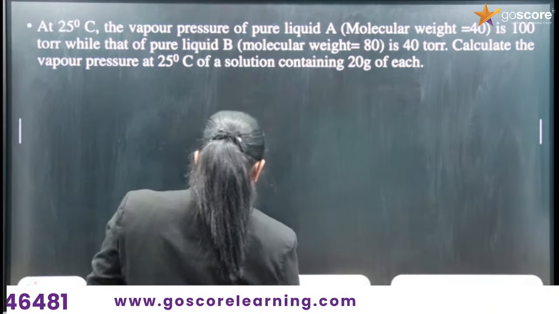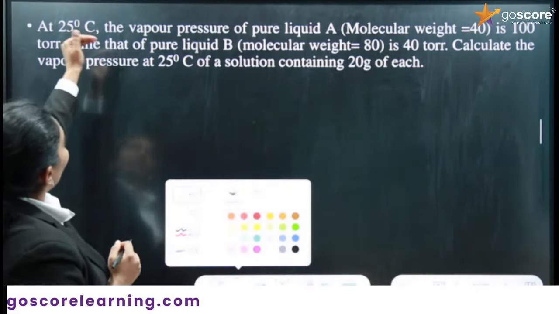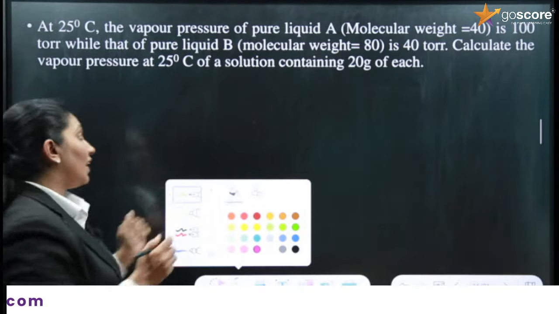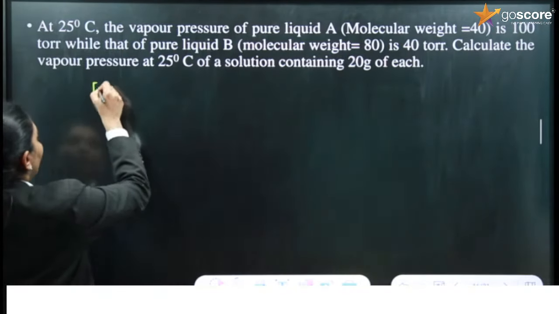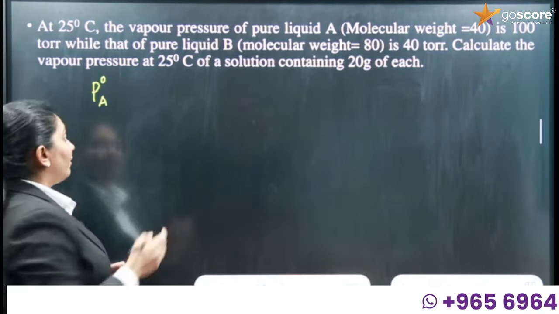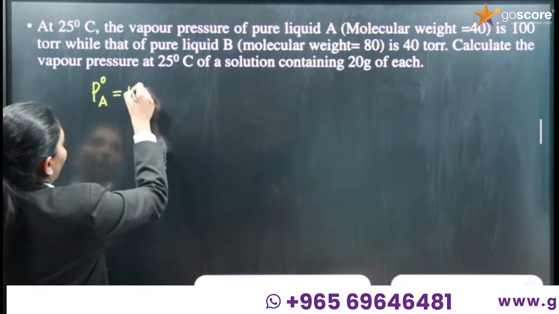Okay. Now see, what are the things given that we can take out? The vapor pressure of pure liquid A, that is P naught A, is given as 100 torr, right?